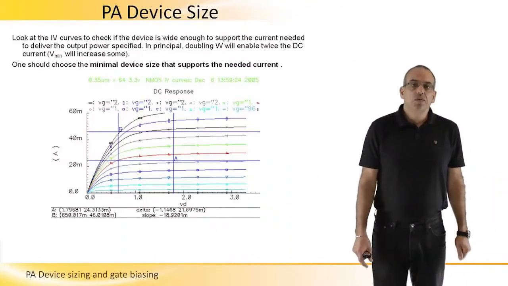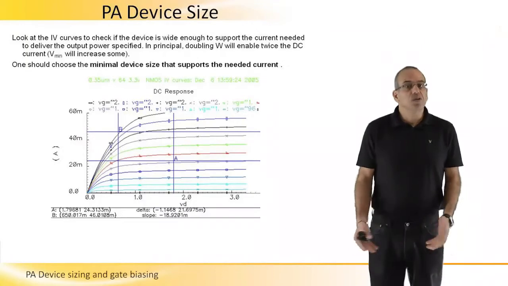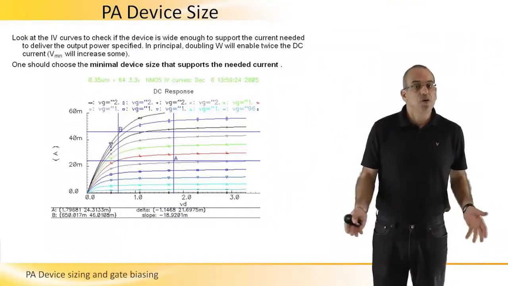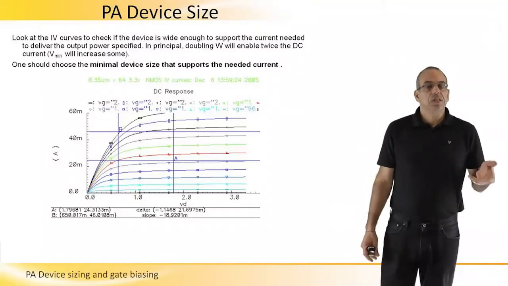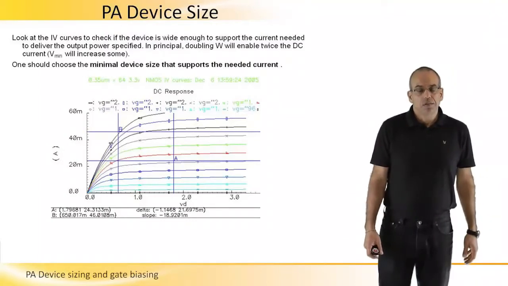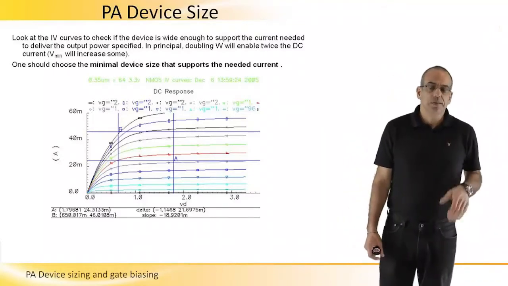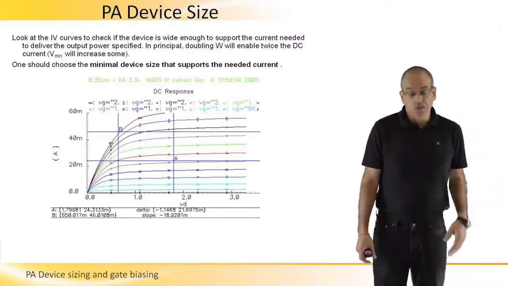And we know already that if we want to deliver some minimum power out of this transistor, we will need a minimum current or current swing from this transistor.